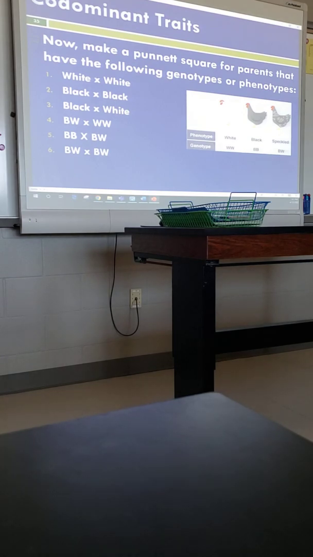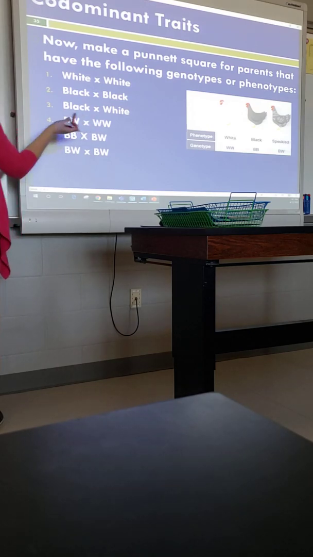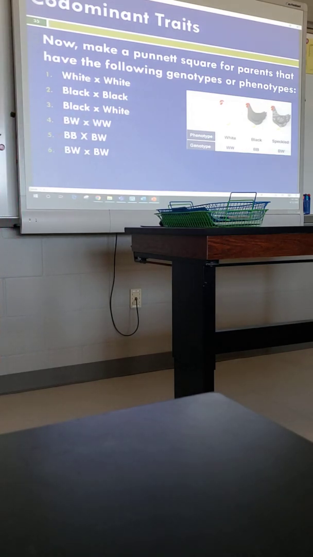Okay, let's do, now they're giving us the genotypes, and so all I have to do, so this is really like taking a speckled times a white. So try this one on your paper and see what you get.